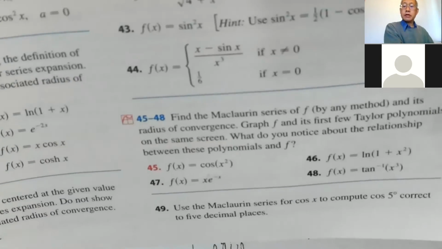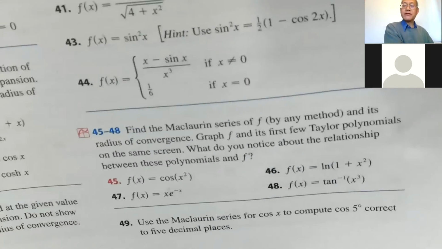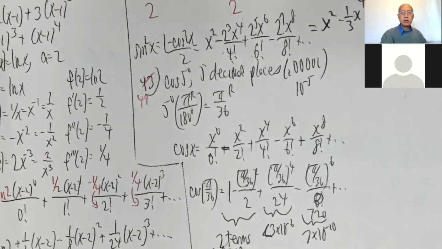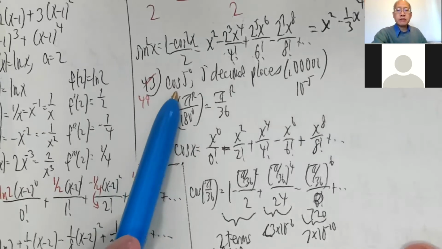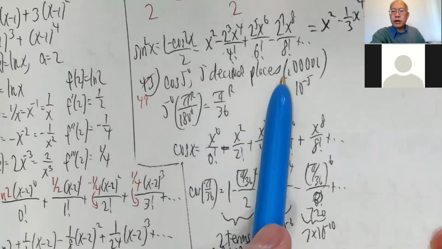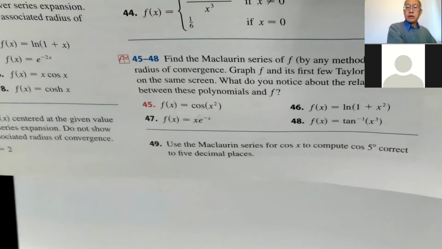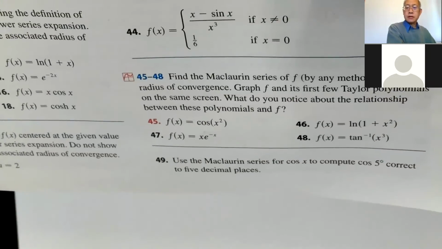All right, now 49. Use the Maclaurin series for cosine x to compute cosine of 5 degrees to 5 decimal places. Cosine of 5 degrees. 5 decimal places means 0.00001 or 10 to the negative 5. Okay, and as we mentioned earlier, for a cosine of 5 degrees, calculators actually prefer radians.